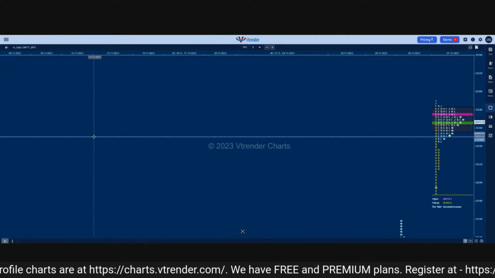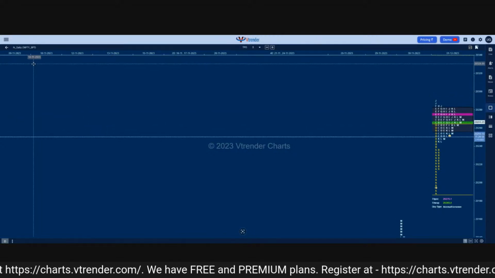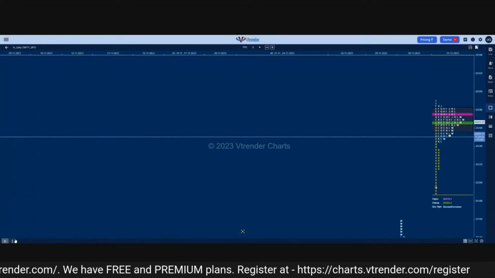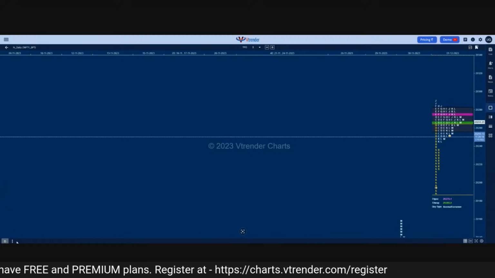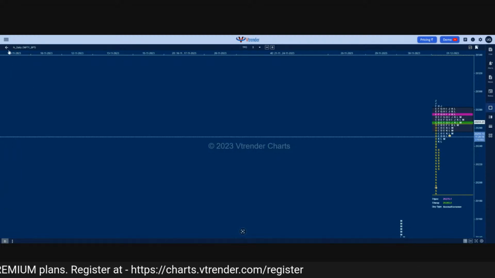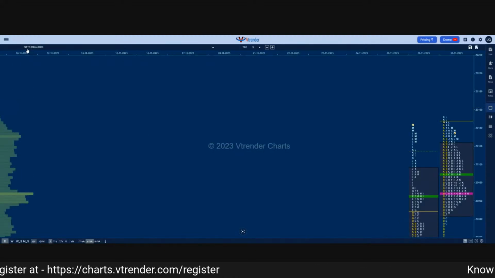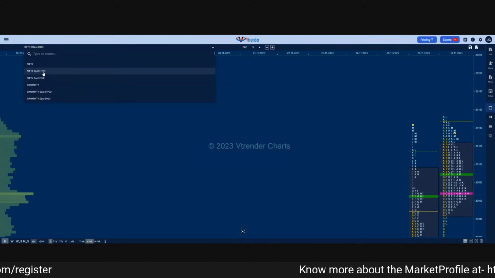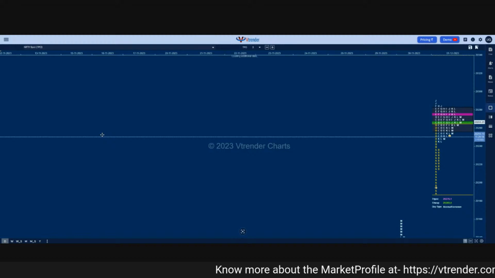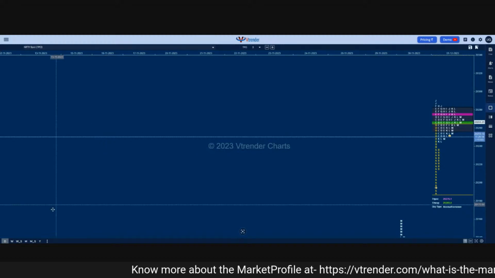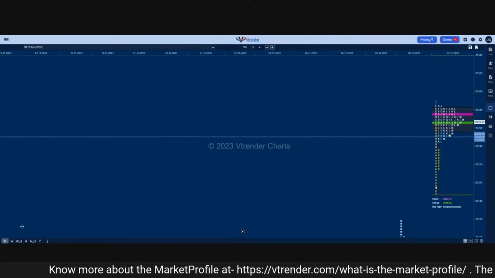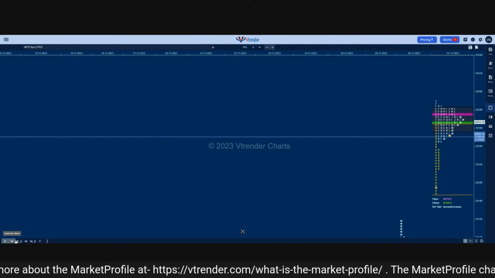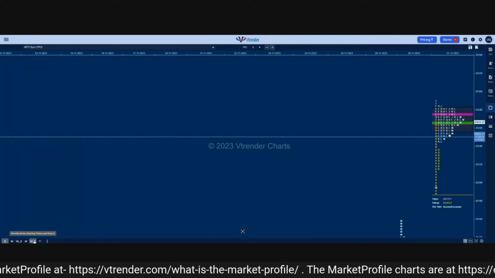So right now we are at the market profile section of WheatRender charts, and we will move to how we get the monthly chart. So we go to spot TPO, and then we have these tabs here: daily, weekly series, monthly, and monthly series.